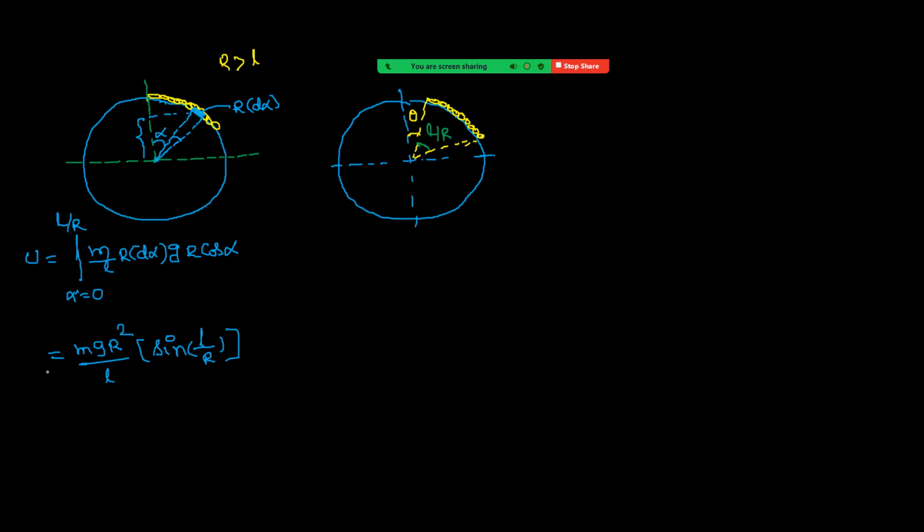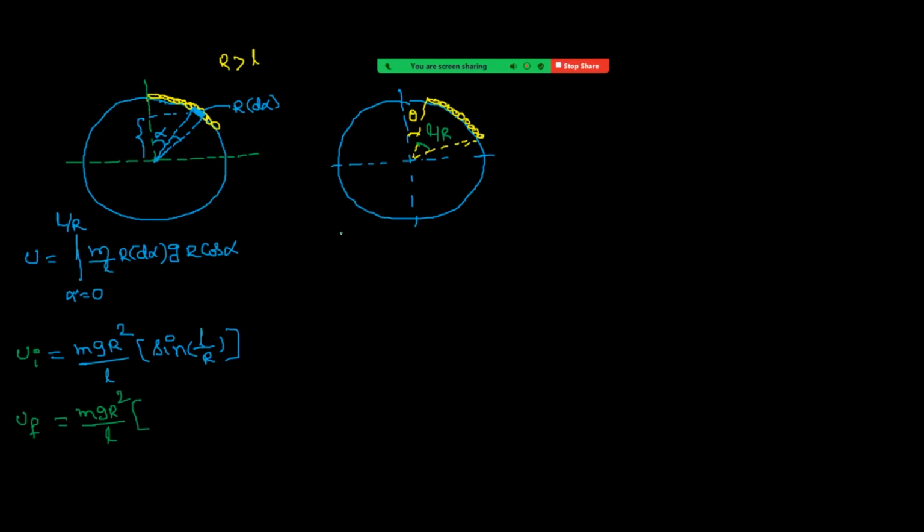Here I can take the earlier result as the initial potential energy, and the present value as the final value. The only change comes while taking limits.